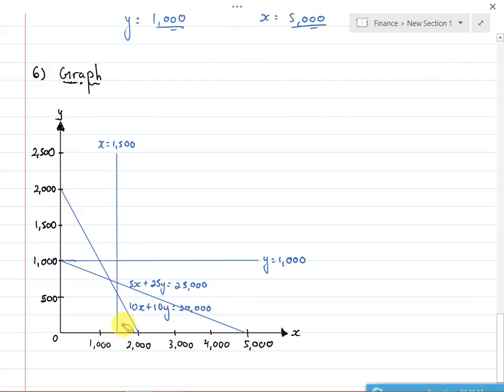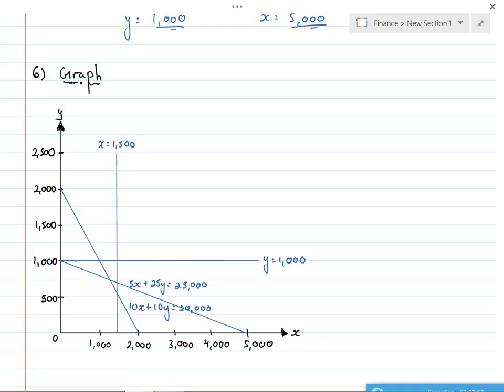Now, how do you know which area? This one you did in Form 4, Form 5. No. You have to follow the equation. Go back to the constraints. Yes, go back to the constraint. All is less, am I right?